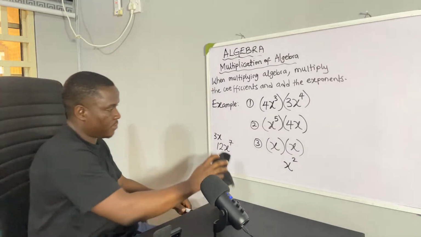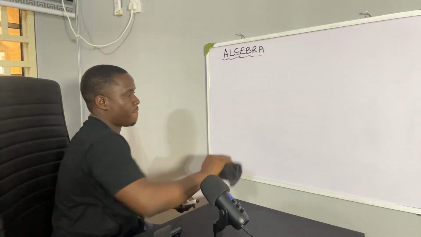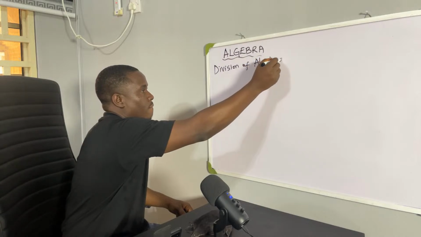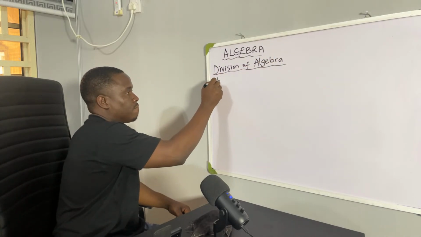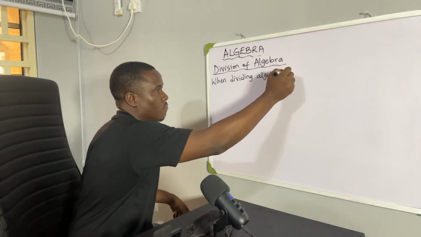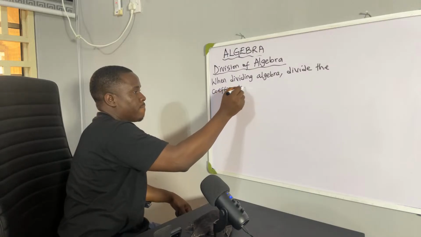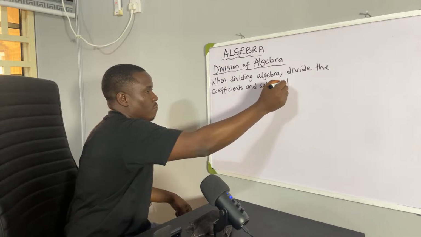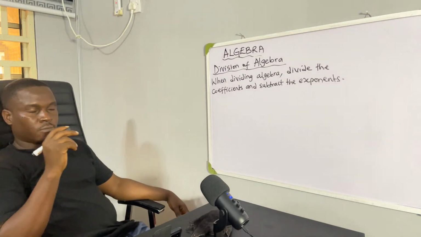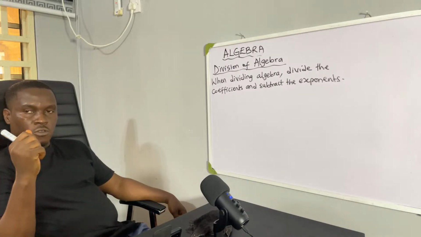So let's go to division of algebra. It's the opposite of multiplication of algebra.